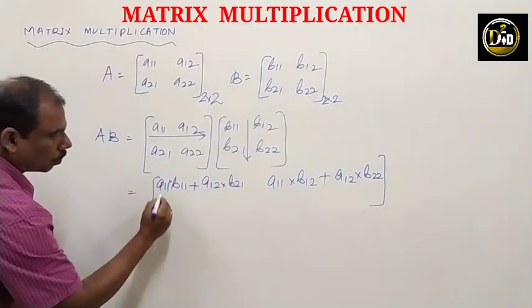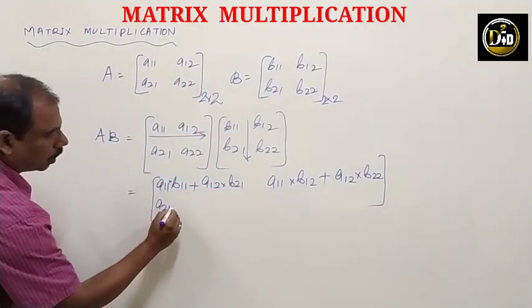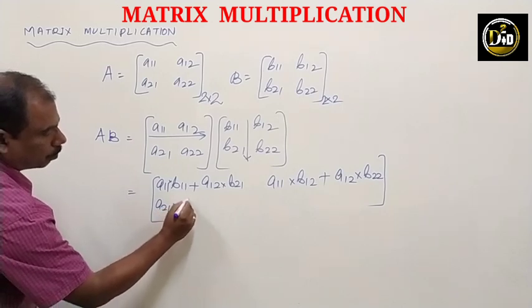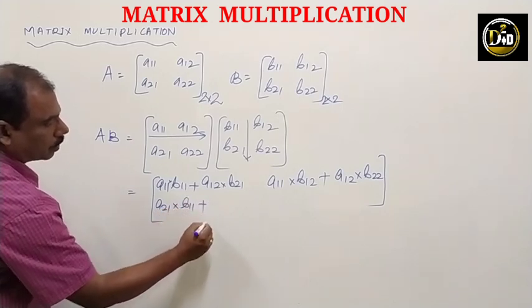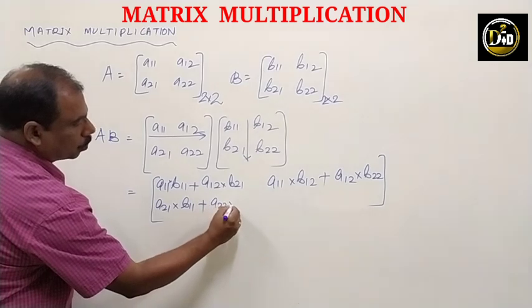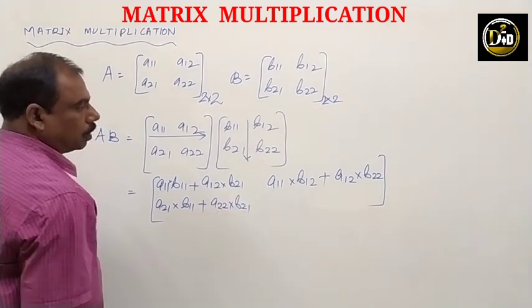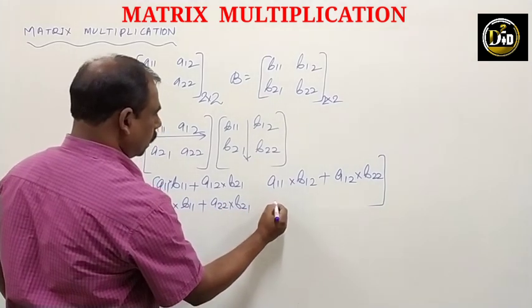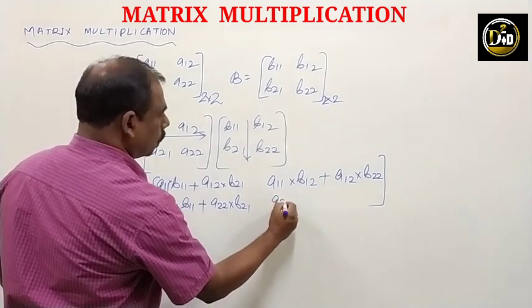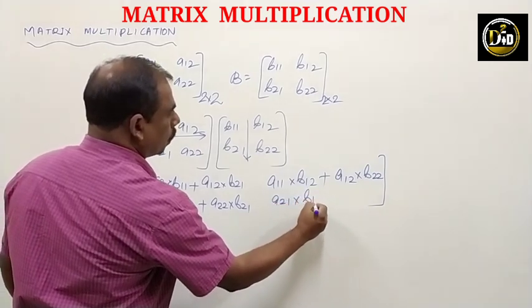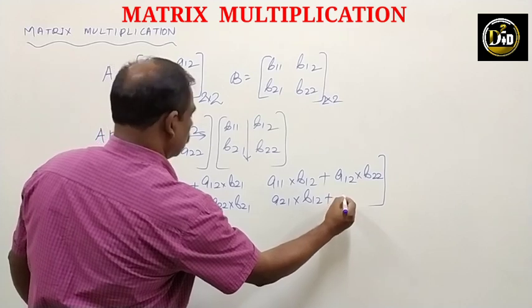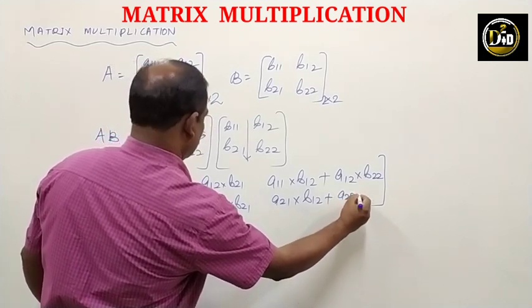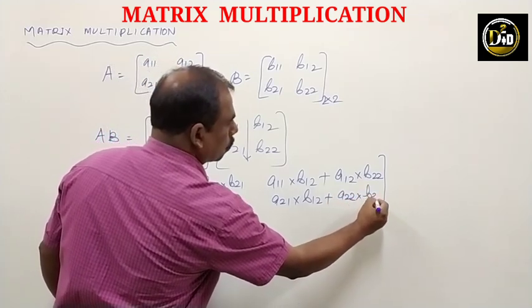Coming to the second row, we get A21 into B11 plus A22 into B21. Moving on to the next column, we get A21 into B12 plus A22 into B22.